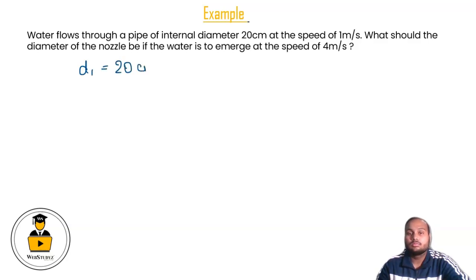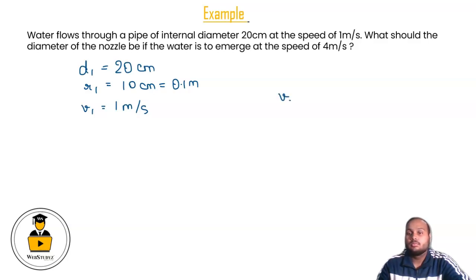From here we can write radius r1 is 20 by 2, equal to 10 centimeter, which can be written as 0.1 meter. And velocity v1 is given as 1 meter per second.